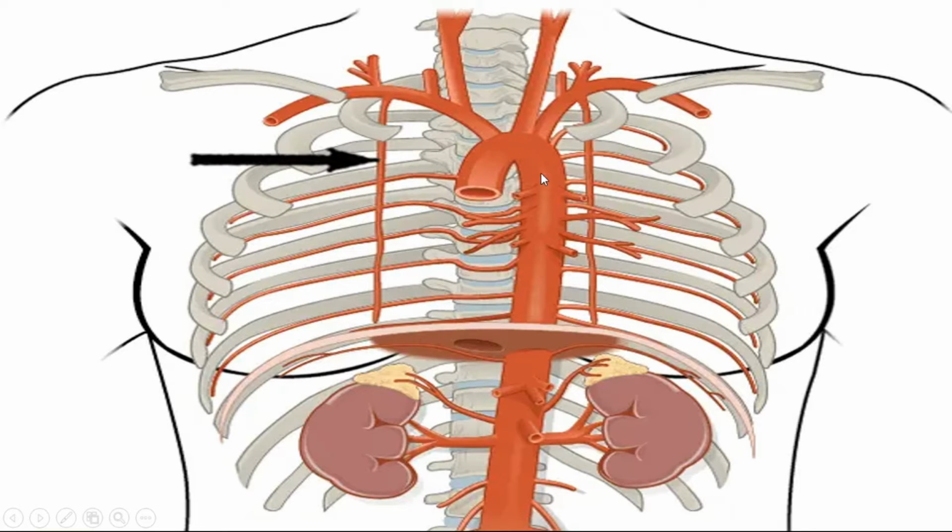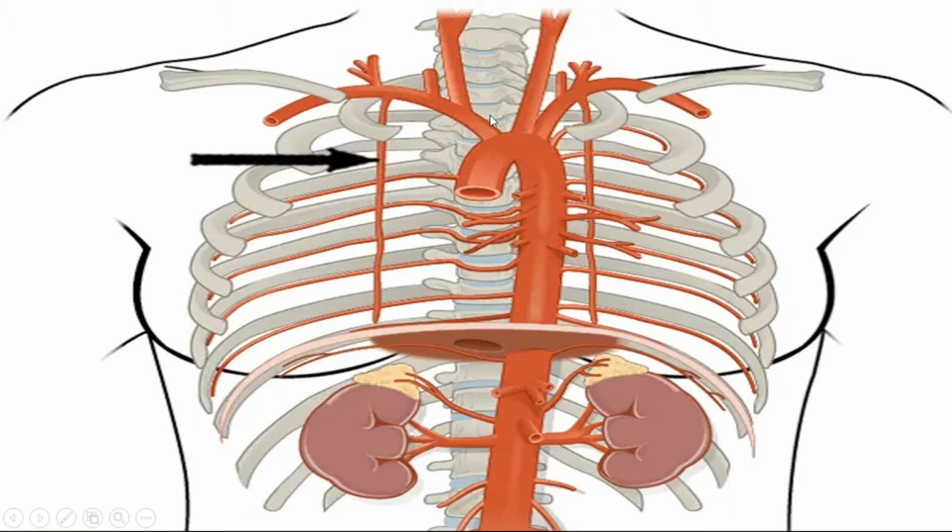This is the arch of aorta. On the right side, the arch of aorta gives the brachiocephalic artery, which gives the subclavian artery and common carotid artery, and on the left side the common carotid artery and subclavian artery arise from the arch of aorta itself.